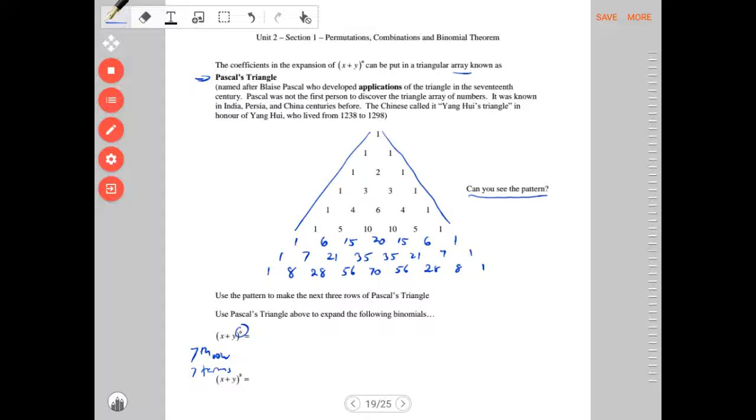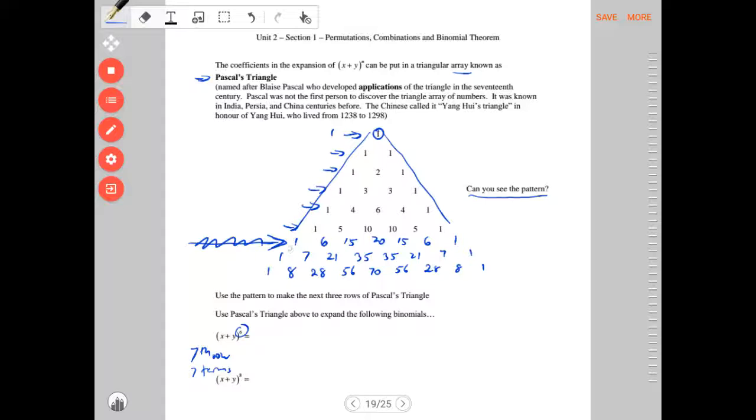So remember, this is the first row. Row 1, row 2, row 3, row 4, row 5, row 6. So row 7 is this one. This is the one we want for this expansion. These numbers, 1, 6, 15, 20, represent the coefficients on the expansion.